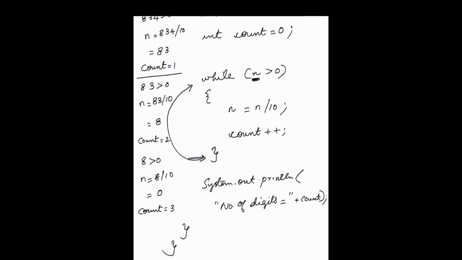Count is count plus 1, which is 3 right now. Now again, at the end of the while loop, it goes back and checks, is 0 greater than 0? No, 0 is not greater than 0. The condition is false. So it will come and print this statement, that is, number of digits is equal to count. What is the current value of count? The current value of count is 3.